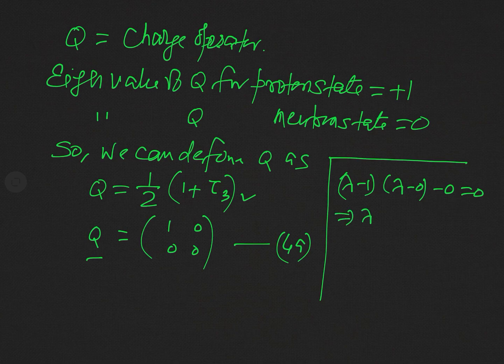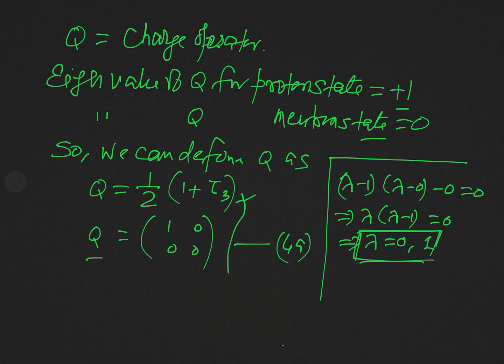See these diagonal elements, and this is simply lambda into lambda minus 1 equal to 0, and this implies lambda is 0 and lambda is 1. So you can see that this operator Q has an eigenvalue 0, which is for the neutron state, and the other eigenvalue is +1, and that is for the proton state. So if we represent this operator Q in the form of this matrix, then these eigenvalues are satisfied, and so we can express this operator in matrix form like this.